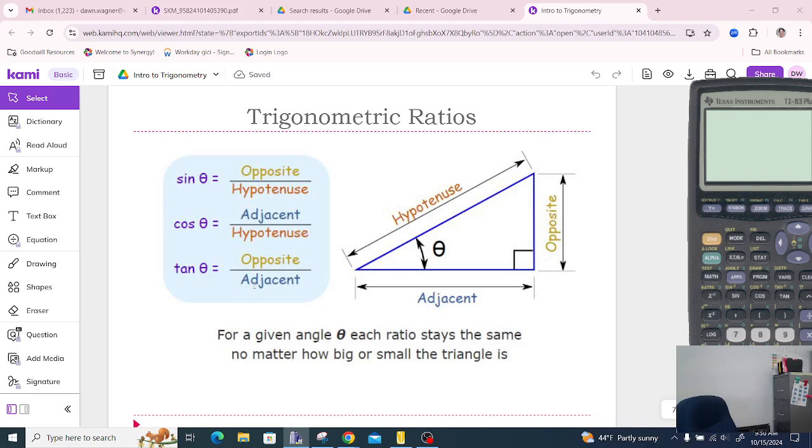Adjacent means next to, so it is next to the angle, but it is not the hypotenuse. So it's always in reference to the angle that you are talking about. So did everybody write these down? Because you will be using these over and over again.